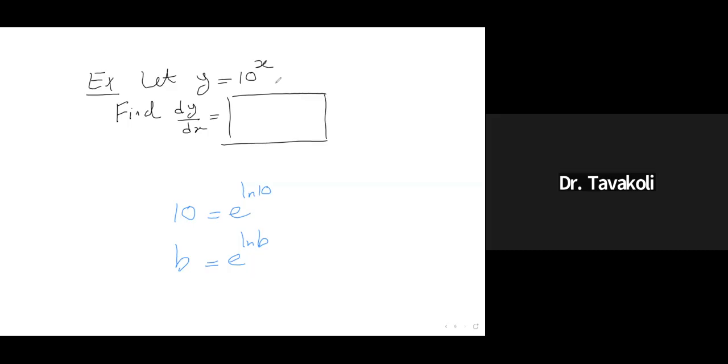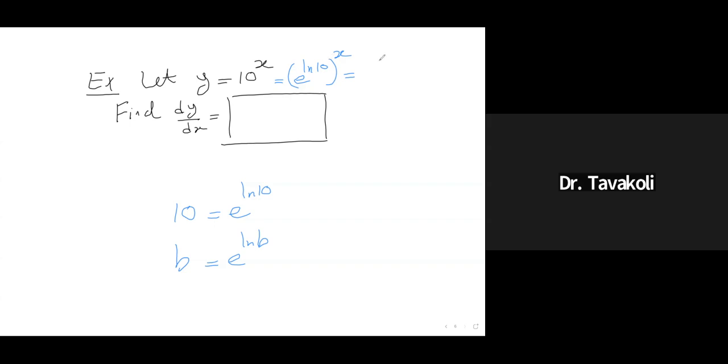So if I look at 10 as e to the power of ln of 10, and then raised to the power of x. So instead of 10, I wrote e to the power of ln of 10 and all raised to the power of x. These two consecutive exponents, ln of 10 and x, as you know from basic algebra, get multiplied.